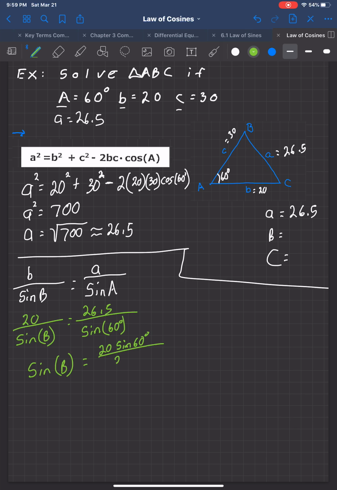Yeah, divided by 26.5. Whenever I go quick, I just mess up, so I'm trying to go quick without messing up.